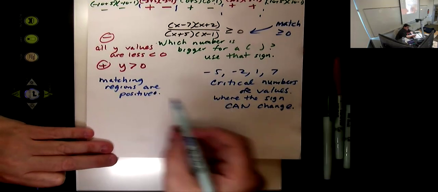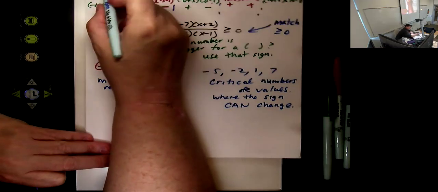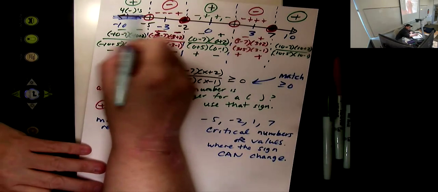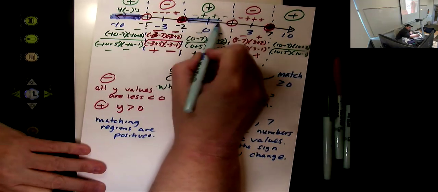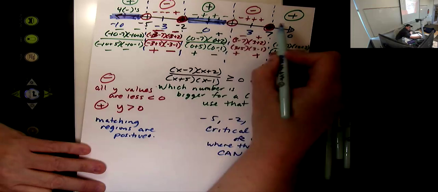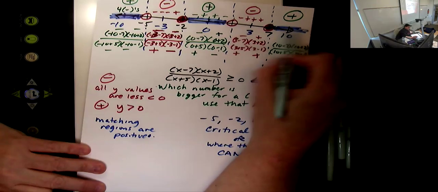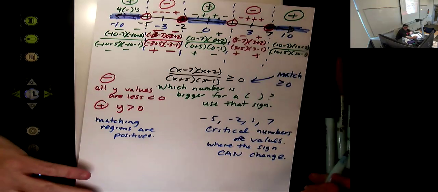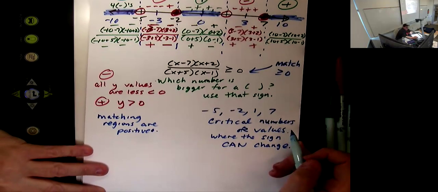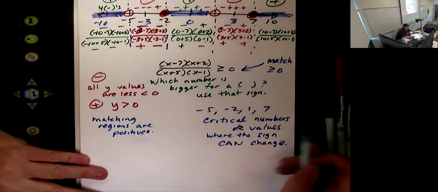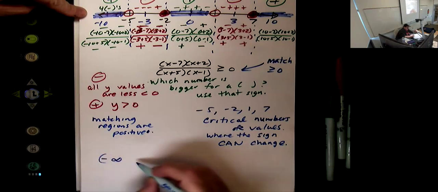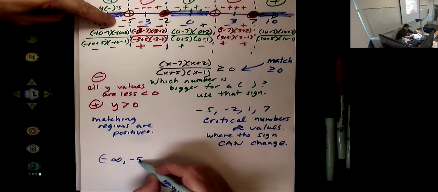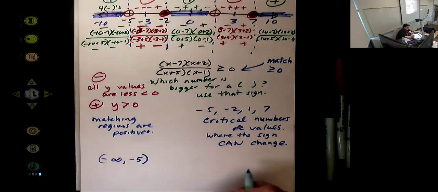So I'm looking at, I put it back down here, that region. I'm looking at that region. And I'm looking at that region. When we do that in interval notation, we start at negative infinity. We go up to -5, but we don't include it, so it's parentheses.